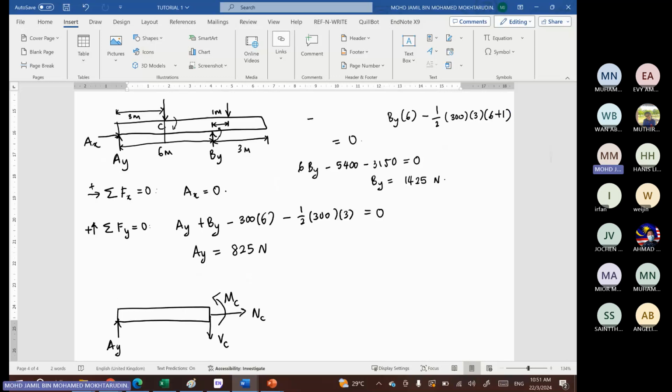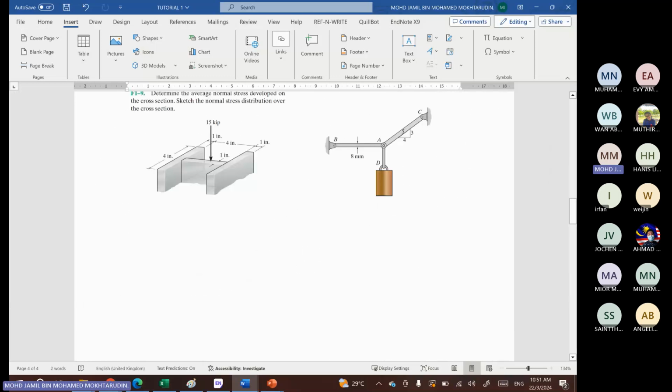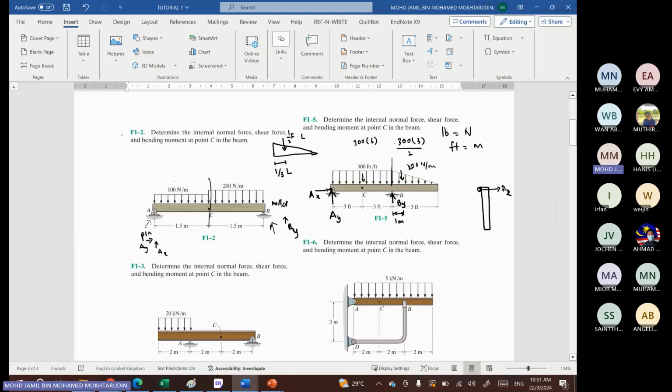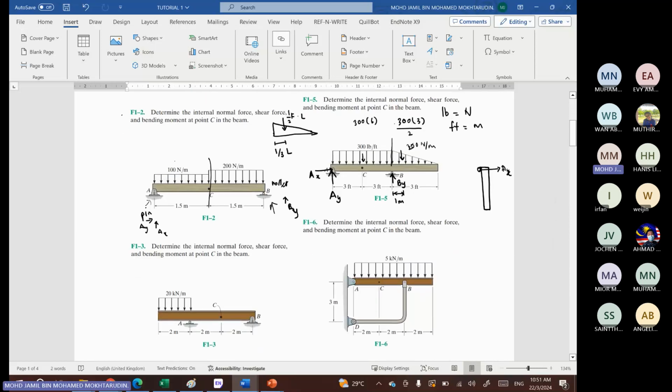And then we have the distributed load just now, the 300 pound per feet. So if you cut here, you only consider this portion of the distributed load. So it will become 300 times 3, okay? Because the length here is 3. So 300 times 3 only.